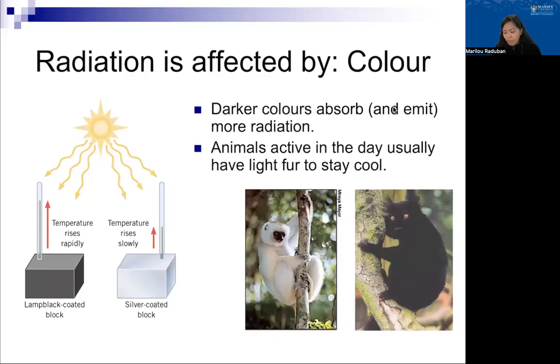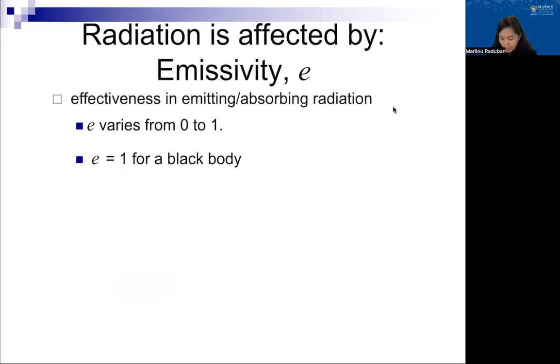And the effect of color on the amount of heat that's absorbed or emitted via radiation is described by this property called emissivity, which is represented by a normal small letter e. Emissivity is a property of the material that describes its effectiveness to emit radiation.